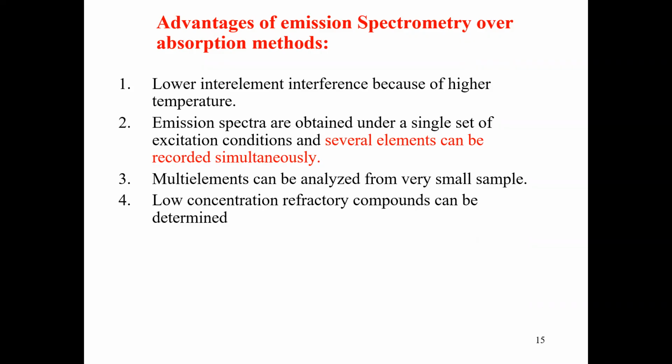They are hard to separate. For example, what we talked about in the morning is calcium oxide or aluminum oxide. That's refractory. So low concentration refractory compounds can be determined because you heat them up at very high temperatures and you separate them.